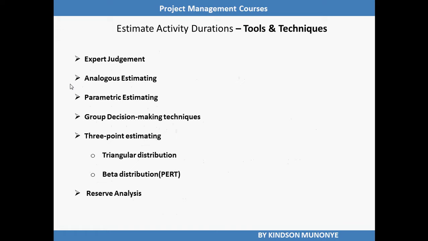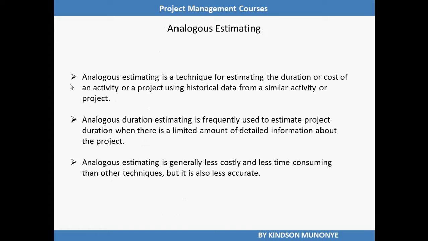Let's now take a look at some of these tools and techniques to gain a clearer understanding of how they apply. Analogous estimating is a technique for estimating the duration or cost of an activity or project using historical data from a similar activity or project.